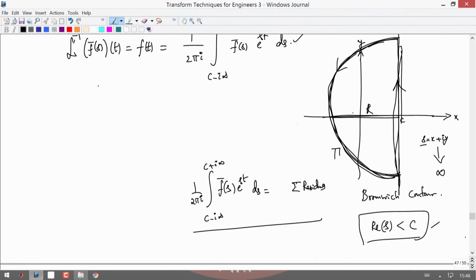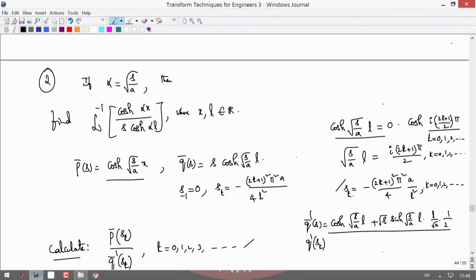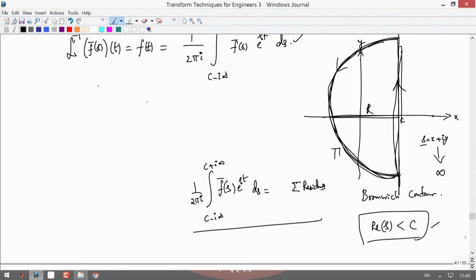Now, if you have infinitely many roots, as in this example, consider the complex valued function cos hyperbolic alpha x by s into cos hyperbolic alpha l, where alpha is root s by l, which involves s. Using that, you see that all the poles are on the negative x axis.